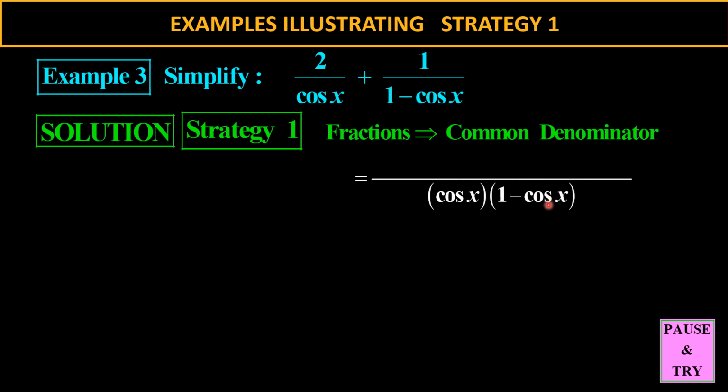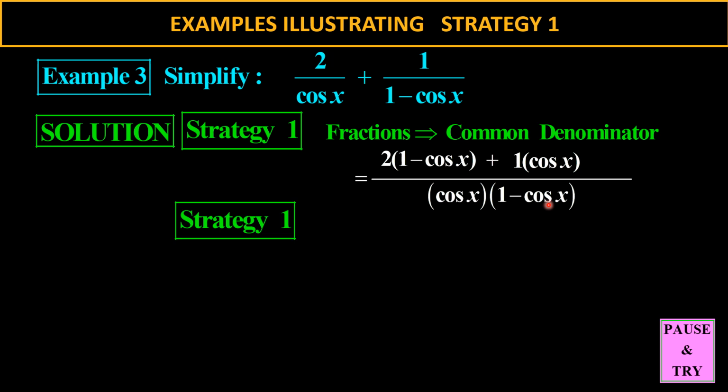Okay. Now to get the numerator, so it's 2 times 1 minus cos x plus 1 times cosine of x. Right. So there we applied using a common denominator. Go back to strategy 1. Any like terms in the numerator? No. Okay.